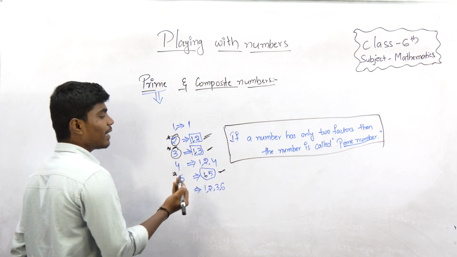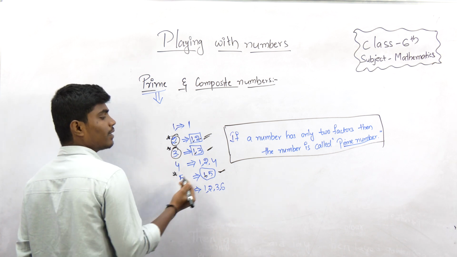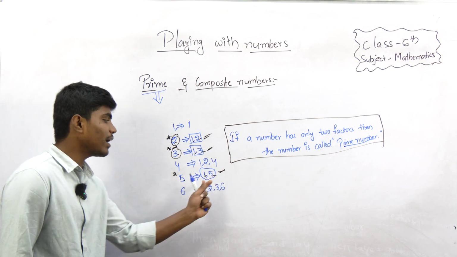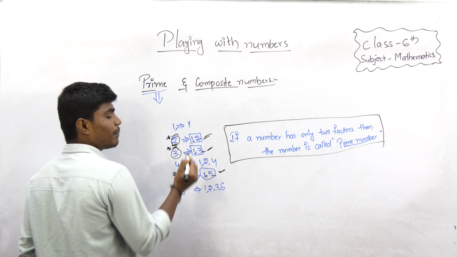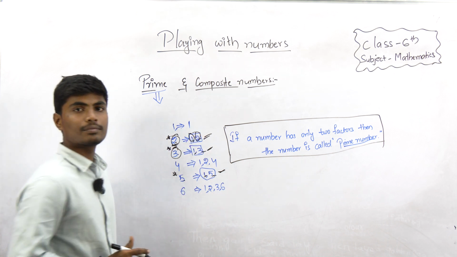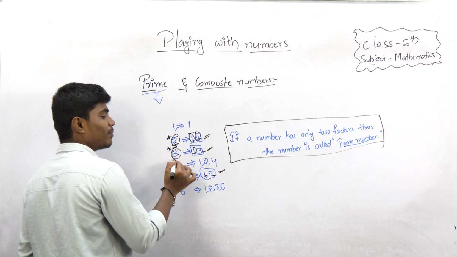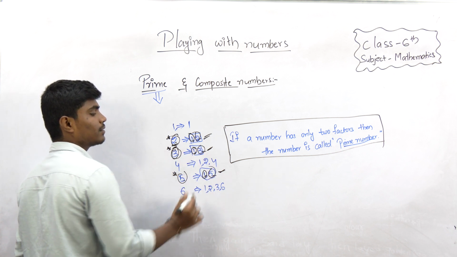The other factor is the number itself: here 2, the other factor is 2; here 3, it is 3; here 5, it is 5. For every prime number, the factors are 1 and itself. Here 3: 1 is a factor, and itself means 3 is a factor. Here 5: 1 and itself means 5 is a factor.